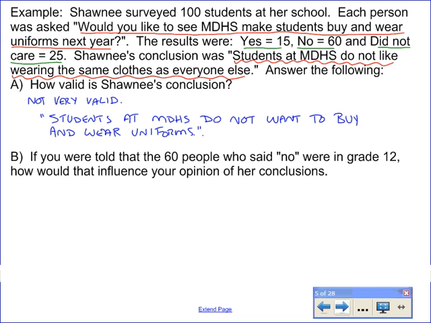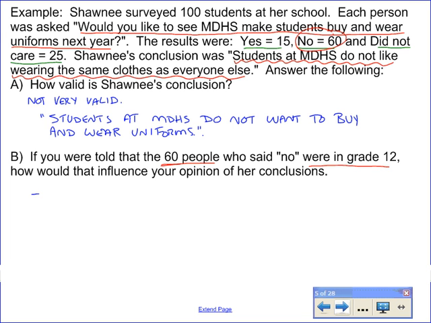Now, what happens if I told you Shawnee actually just went to the next classrooms and she just surveyed grade 12 people, and the 60 people that said no, so that's up here, the 60 people that said no were in grade 12? How would that change your opinion of her conclusion? Even if we wrote the better conclusion from the first part, how does interviewing that many grade 12s change your opinion?